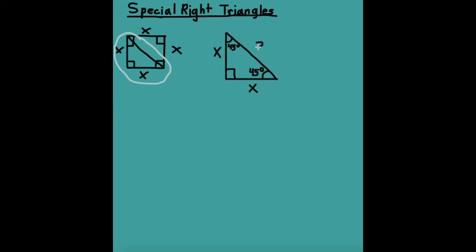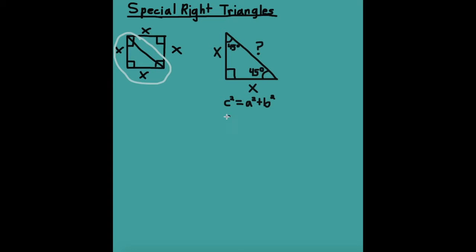Now, what is the hypotenuse? Well, the Pythagorean theorem says c squared equals a squared plus b squared, where c is the hypotenuse and a and b are the legs of the triangle. We are given the legs of the triangle, which are x and x, so we can plug that into the formula to solve for the hypotenuse.